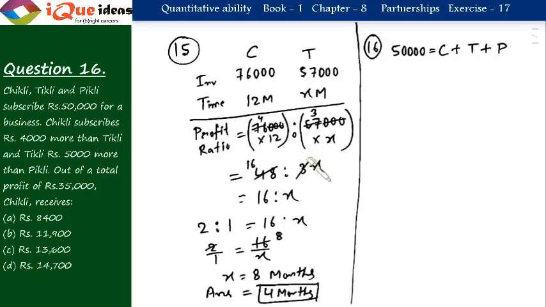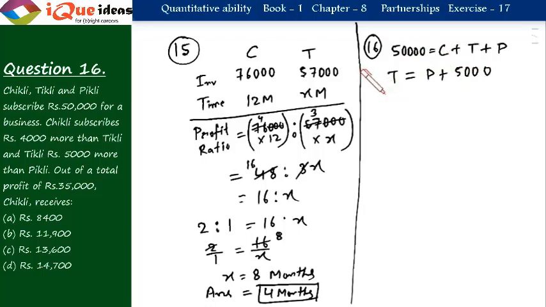Alright, now Chickly subscribes 4,000 more than Tickly and Tickly 5,000 more than Pickly. So let's say in place of Tickly, we can put P plus 5,000.